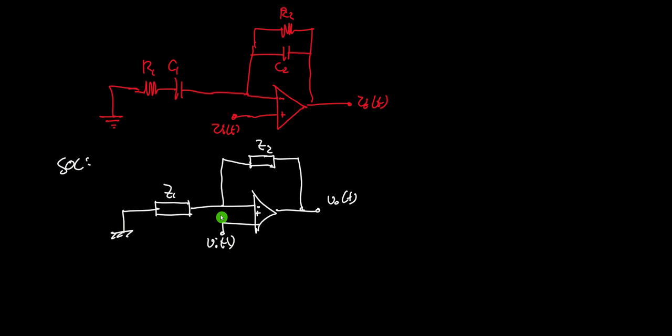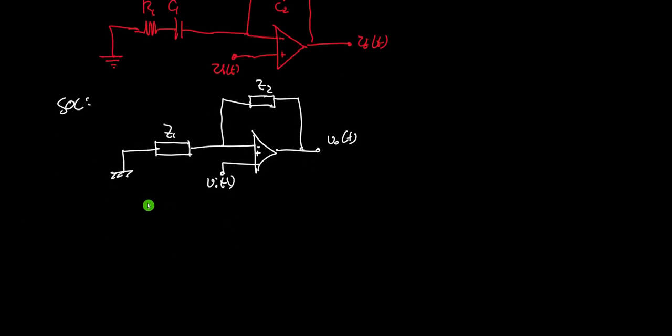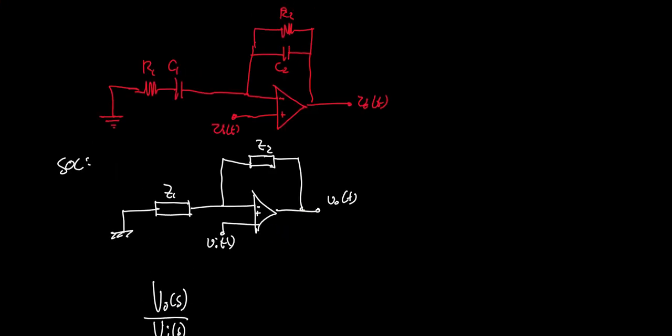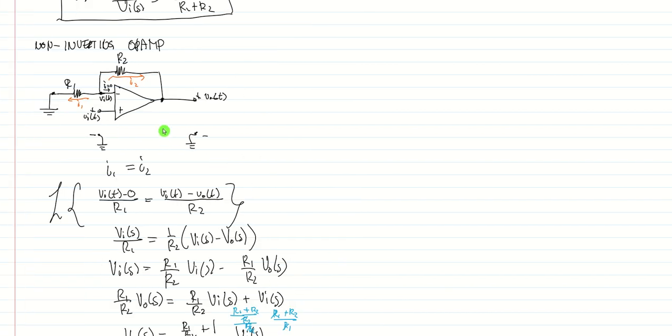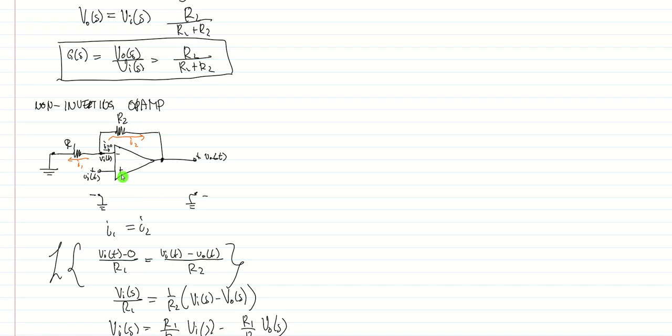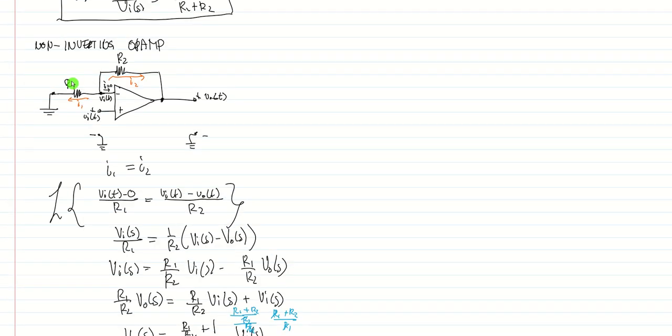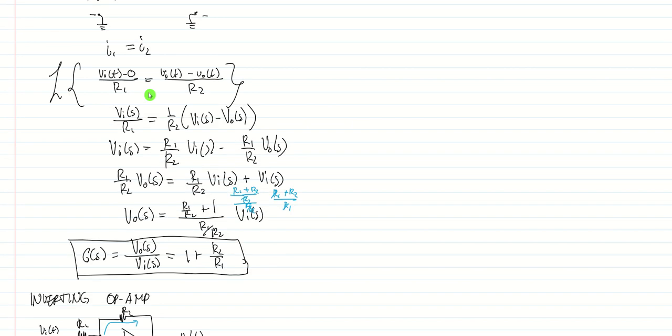So we already derived the formula for V out of S over V input of a non-inverting amplifier. Let's go back to our derivation before. This is the non-inverting operational amplifier, so this will be Z1 and Z2 instead of R1 and R2.